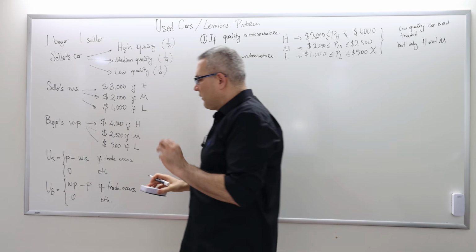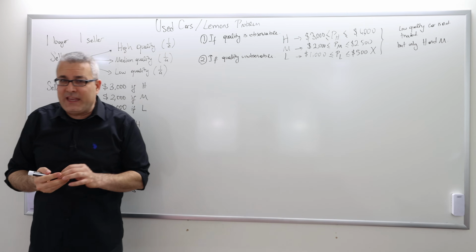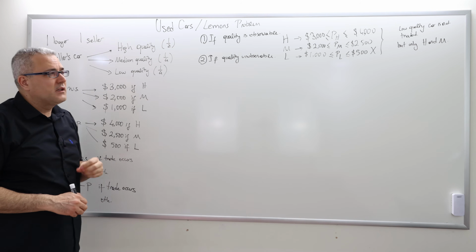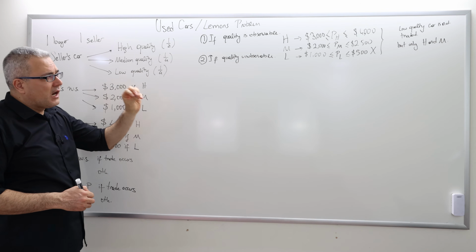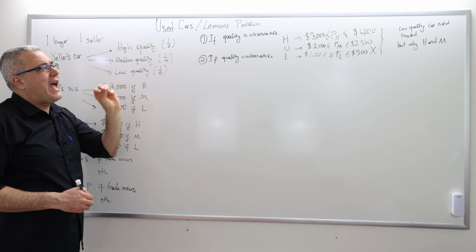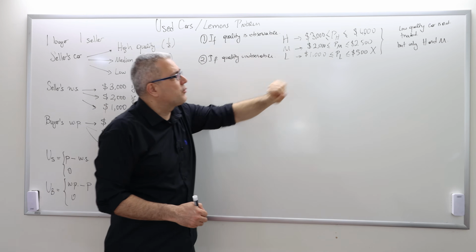All right? So, again, let me summarize. If the buyer can observe the quality of the seller's car, then the low quality car will not be traded. Only the high and the medium quality cars will be traded according to those prices.